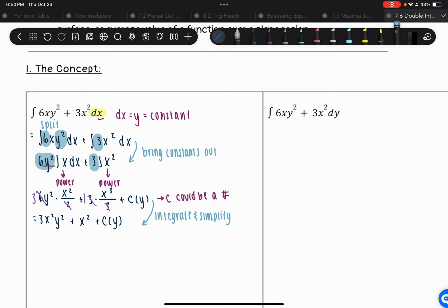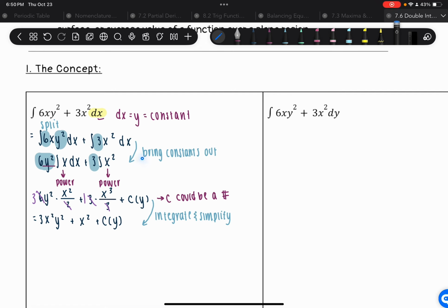That means that we are focusing on dx, and any y values is a constant. So first we are splitting it up, so we have the integral of 6xy squared dx plus the integral of 3x squared dx. This just makes it a little bit easier to manage and to work with.